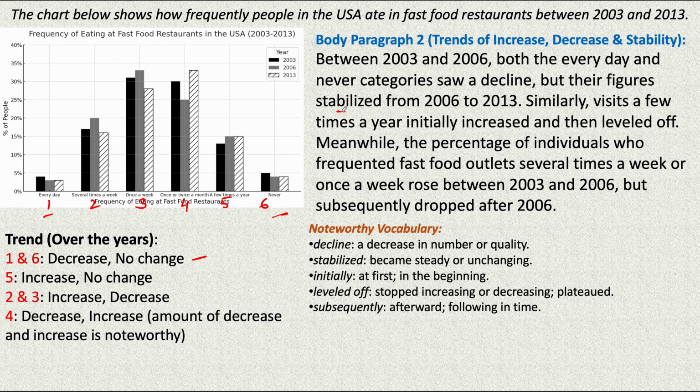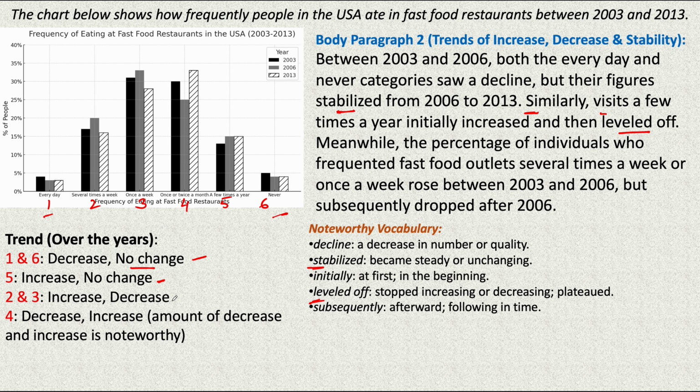So we have used the word stabilized for no change. Next, we talk about the fifth category. Similarly, visits a few times a year initially increased and then leveled off. Stabilized and leveled off have similar meanings.